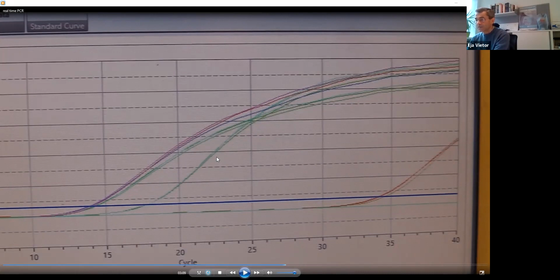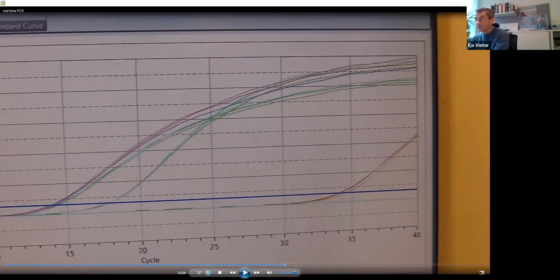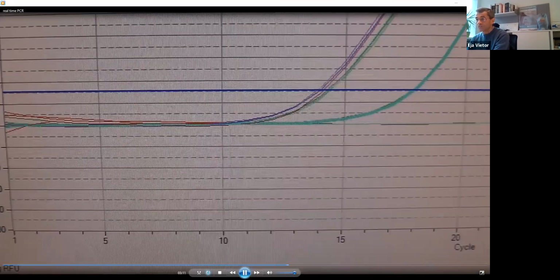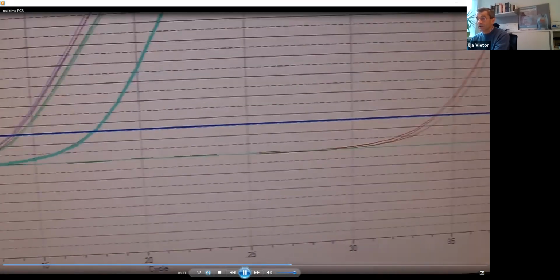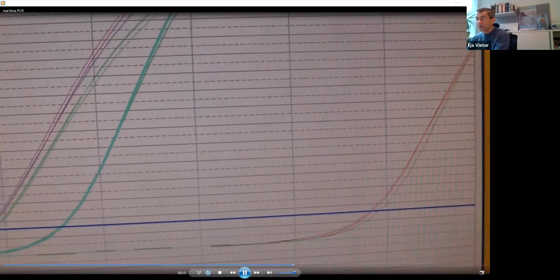So one sample has a detectable signal already after 22, 23 cycles, and the other one much, much later, which means that in this sample we have high amounts of the DLK1 gene, and in the other one we have much lower. These ones are the knockouts and these are the wild types, but we will go to the details in the next pictures. Important is that we see also saturation.